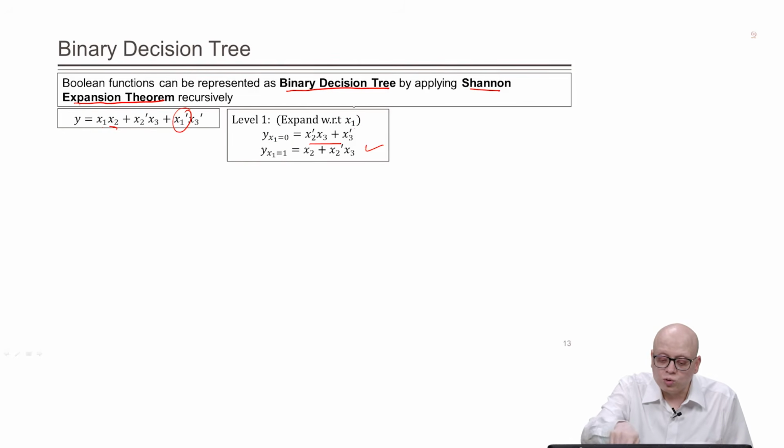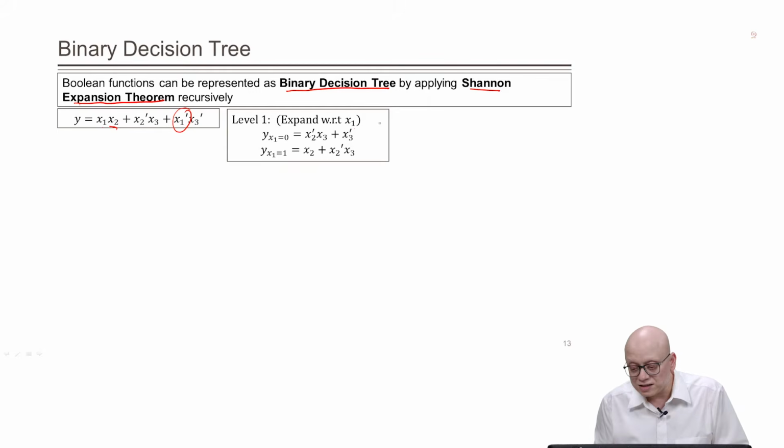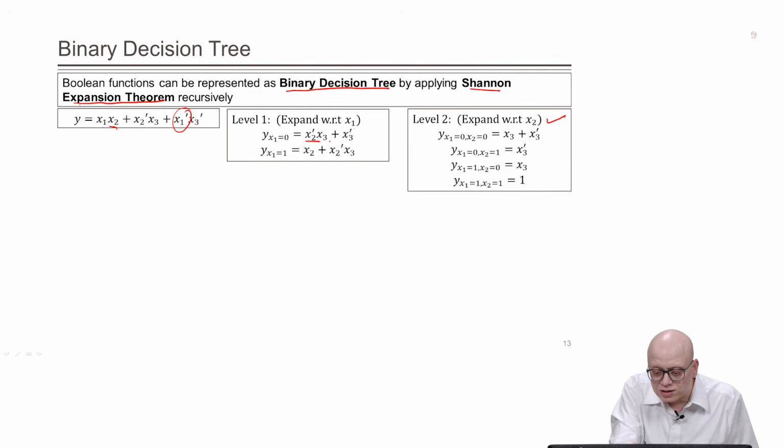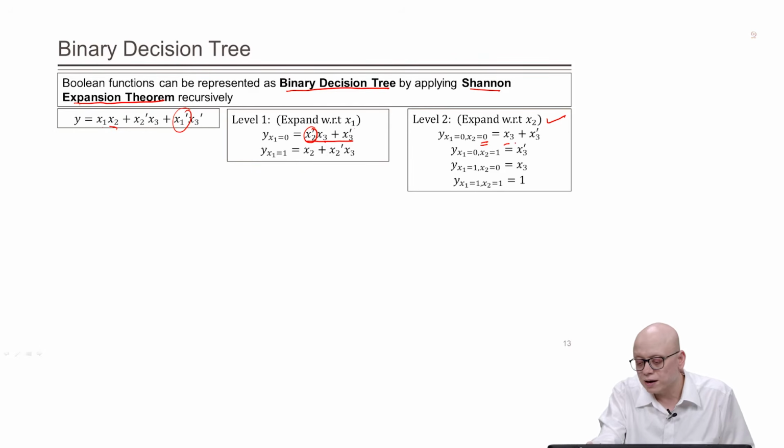Next, we have two functions which are functions of x2 and x3. Now, let us expand with respect to x2. For the first function, we take x2 equal to 0. Then this term becomes 1 and we are left with x3 plus x3 bar. Similarly, we take x2 as 1.